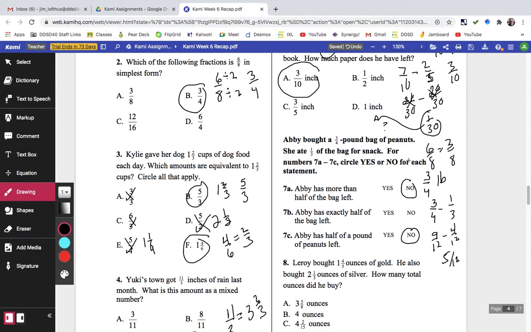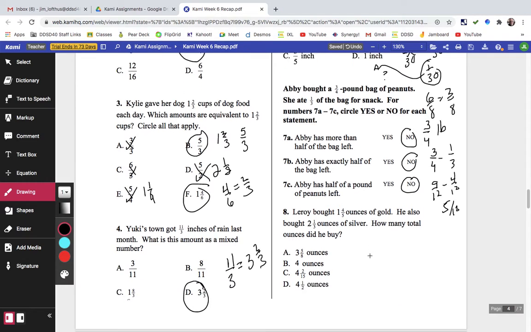And she ate 1/3. So she did not eat half. So I'm going to say no on that as well. So she doesn't have exactly half of 3/4, because half of 3/4 is actually 3/8, which she doesn't have. She has 5/12. Those don't equal each other. All right, so that's a pretty challenging question right there.